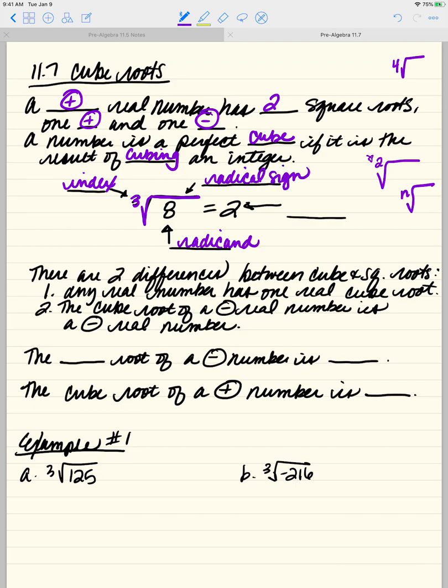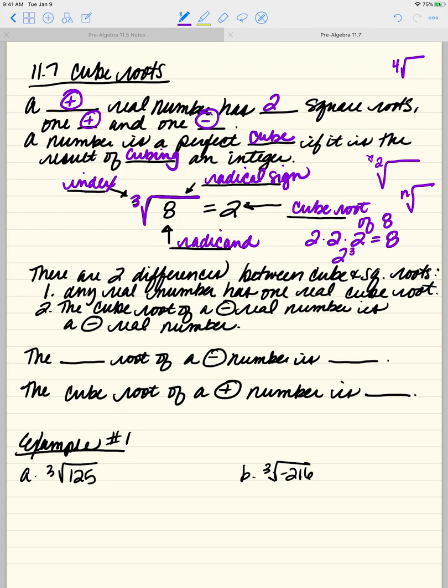So when we take the cube root of 8, the answer to that is 2. 2 is the cube root of 8, because if I go 2 times 2 times 2, I end up with 8. 2 cubed.